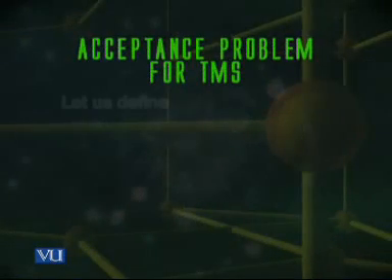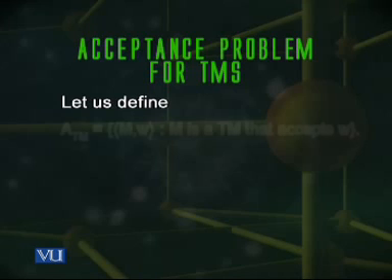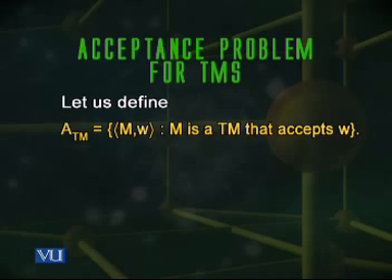You must recall what the halting problem was. Remember, we had this language that we called ATM, which consisted of all pairs M, W such that the Turing machine M accepts the string W. So ATM is the set of all encodings of M, W such that M accepts W. You can think about it this way.